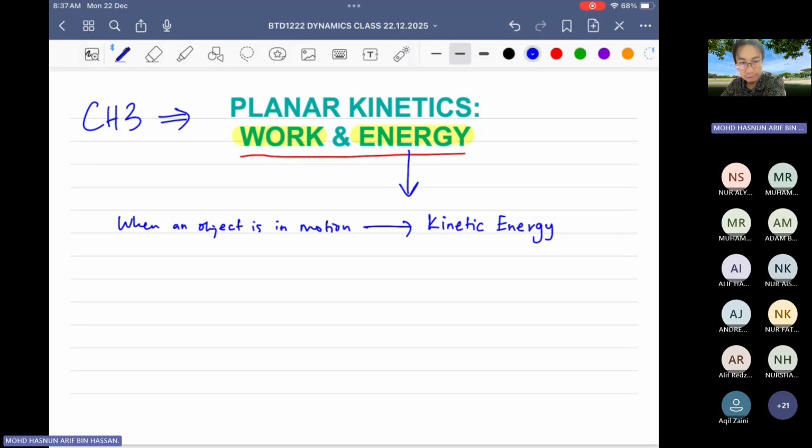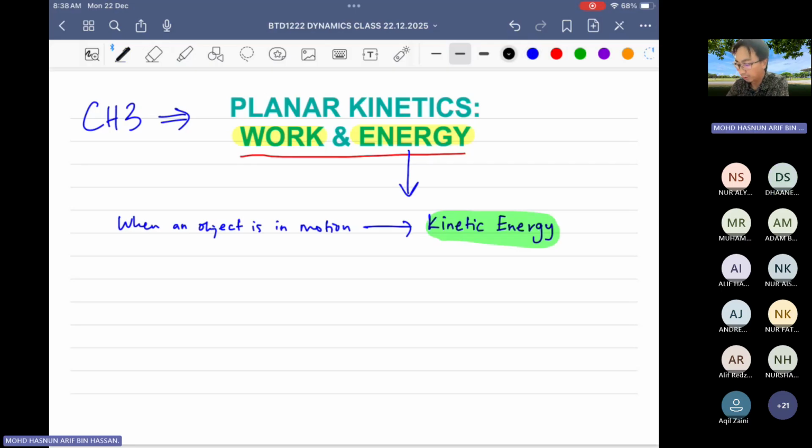How do you calculate kinetic energy? This is important, because later we will learn about the principle of work and energy, and it involves kinetic energy. Who can tell me the formula to calculate kinetic energy? You have learned this in physics before. Yes, 1/2 mv square.